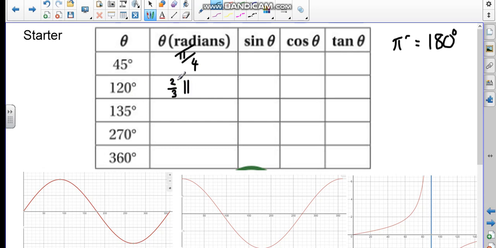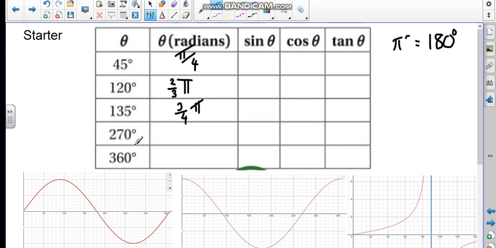If we divide pi, or 180, into 3, you get 60, so times it by 2, you get 120. Now 135 is actually 3 lots of 45, so that's going to be 3/4 pi or 3 pi by 4.